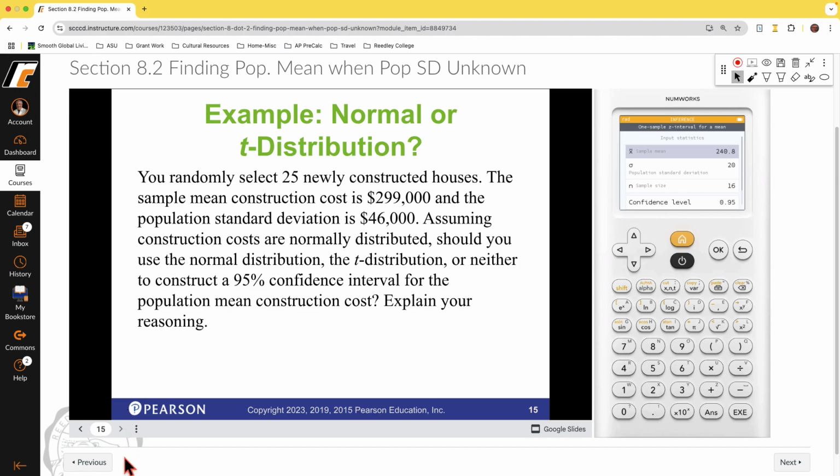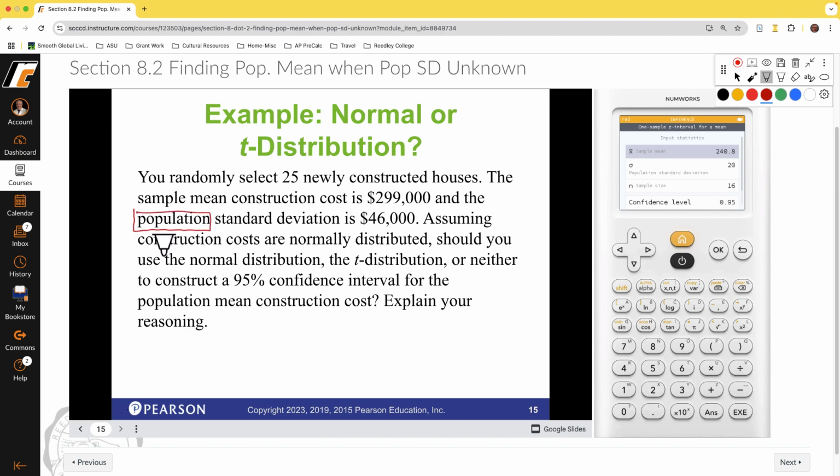So you'll be able to do the homework in 6.2, which will primarily be looking at t-distributions, but always take a look at the question and be willing to say, you know, there might be one or two in there that you need to use a z-distribution. And again, it all comes down to this very powerful thing of whether the standard deviation we have is from the population or the sample.